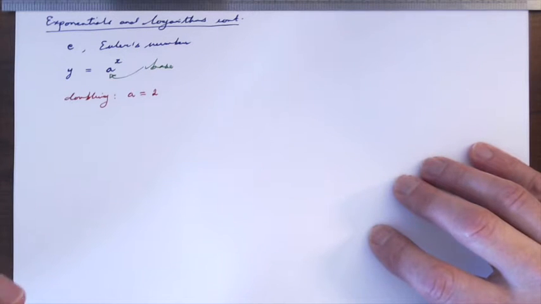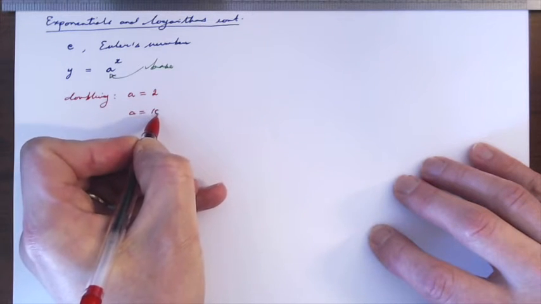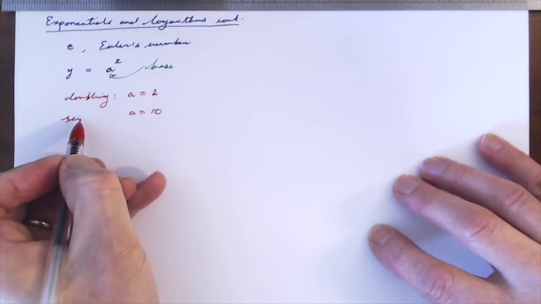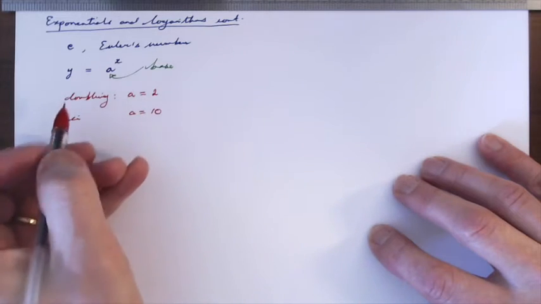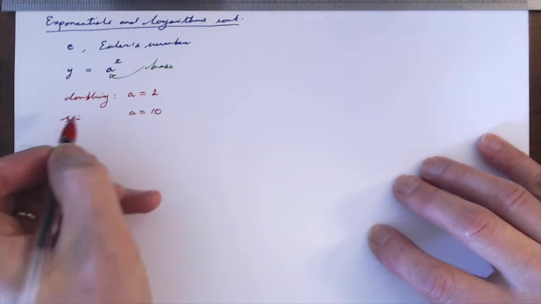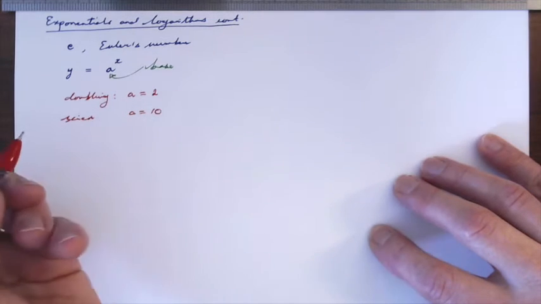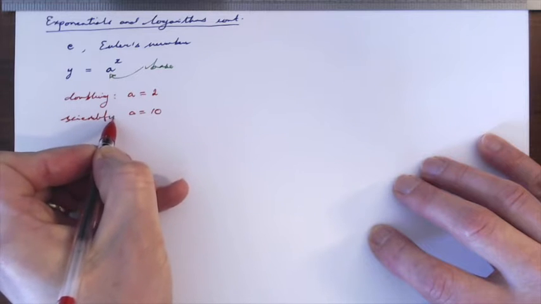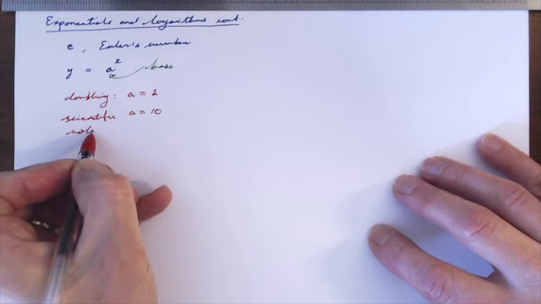Another common value for the base is the value 10. That really comes from scientific notation, where we often like to express either very large or very small numbers using a base of 10, and that's because it's very easy to utilize in our decimal system. So scientific notation uses the base 10.